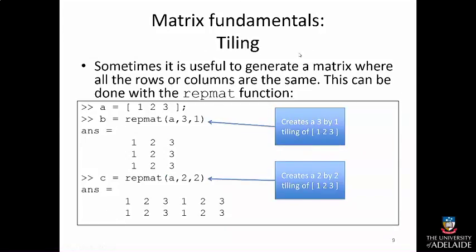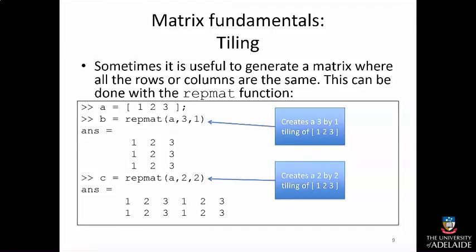There is something else which is called tiling. Sometimes it is useful to generate a matrix where all the rows or columns are the same. This can be done with the repmat function. So A is 1, 2, 3, and you want to create a tiling of A. It should be a 3 by 1 tiling of A. So you are going to get 3 tiles.